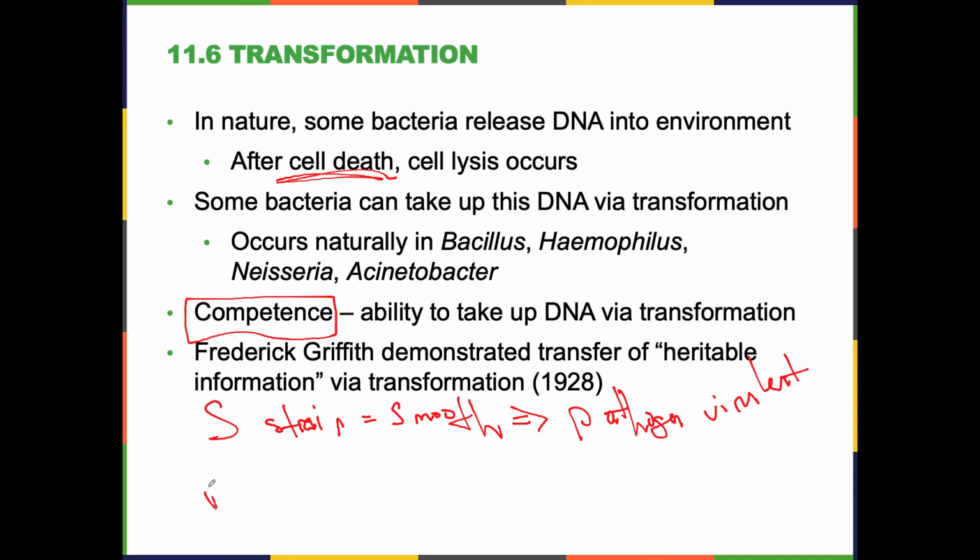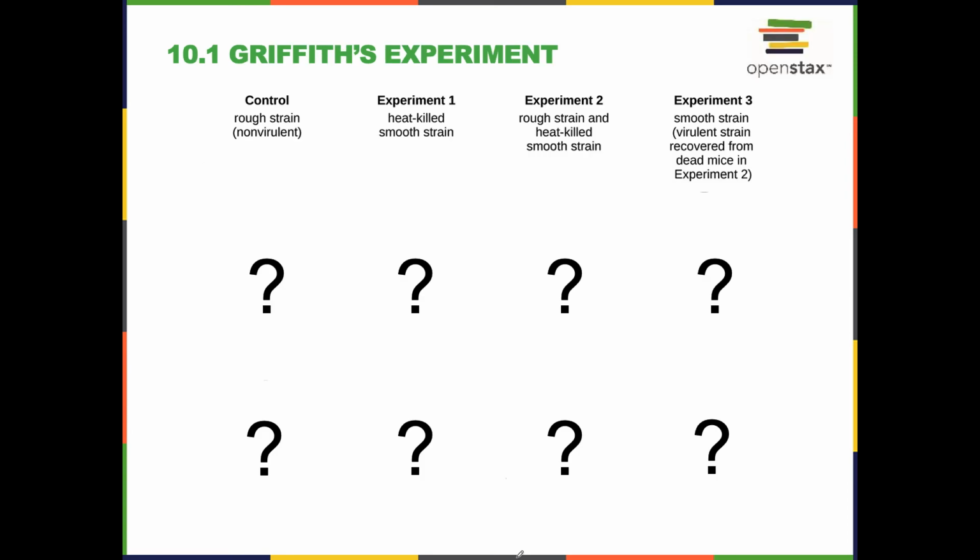There's a related strain called the R strain, genetically slightly different, also called a rough strain, and I'm just going to write not virulent. Same bacterium, genetically slightly different. Phenotypes, one looks smooth, one looks rough. So that's kind of the setup for the experiment.